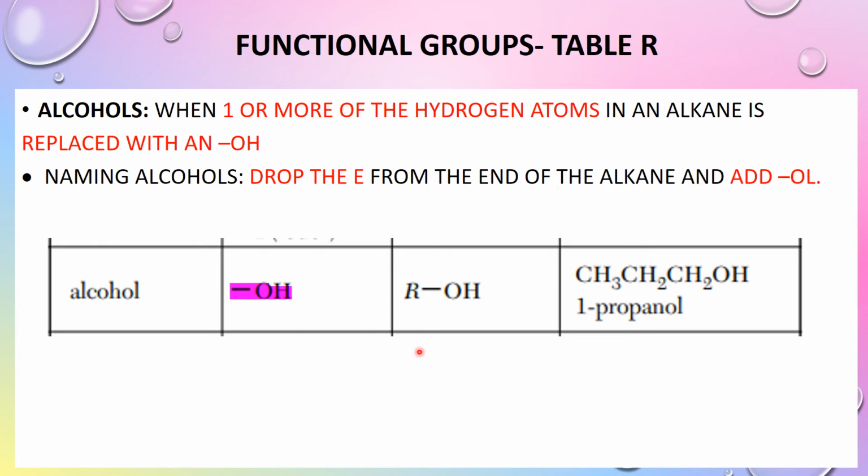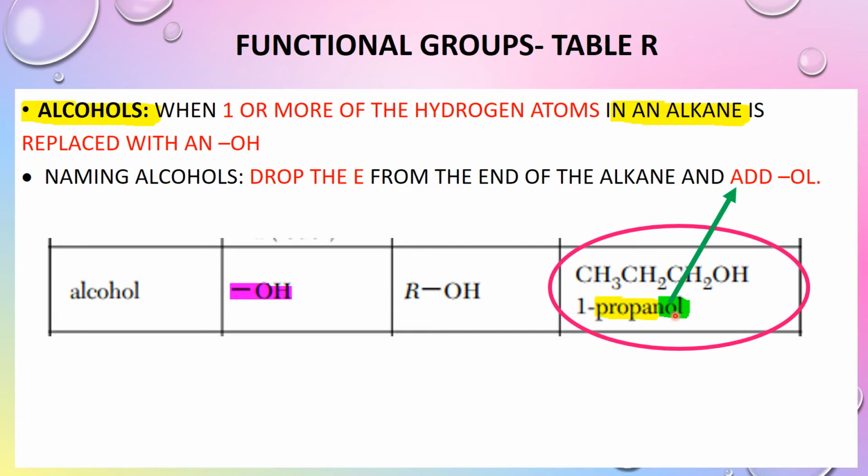Again, looking at the example from table R, for an alcohol, you've got CH3, CH2, CH2, OH on the end of it here. Looking at the structure that they gave me, I know that propanol, I've got an OL ending, easy, it's an alcohol.